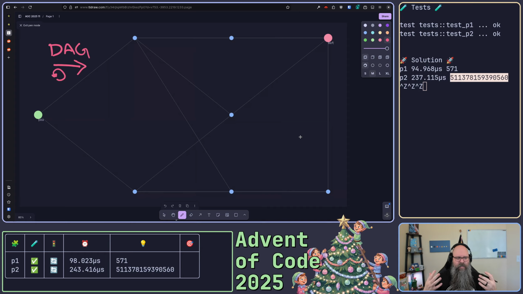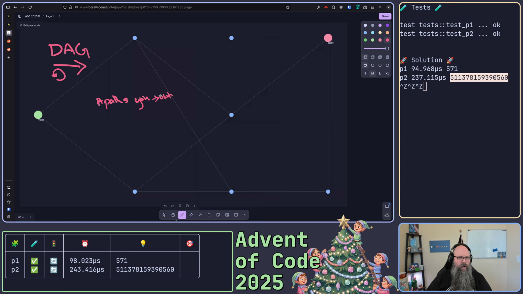And in our case, the large problem we're asking is how many total paths from U to out. Maybe I should write the number of paths from U to out, right?